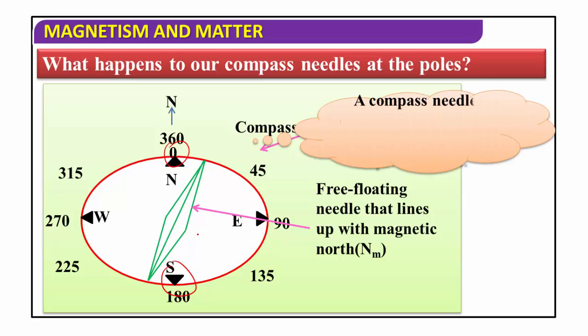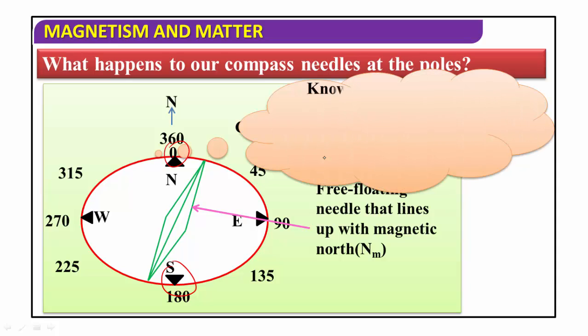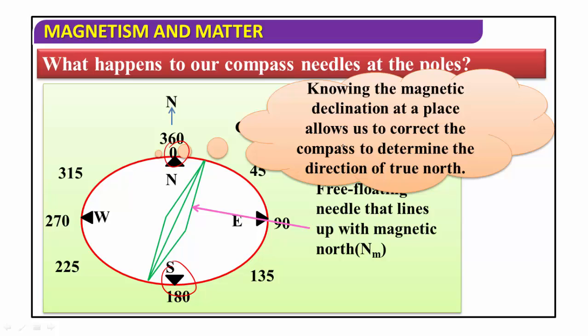The compass needle consists of a magnetic needle which floats on a pivotal point. And another concept is, using the value of magnetic declination at a place, it allows us to correct the compass to determine the direction of the true north.